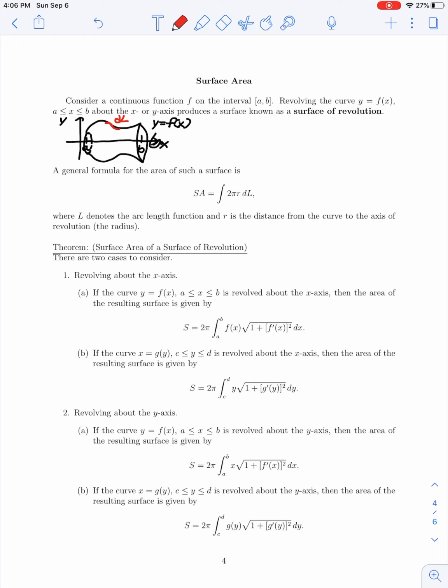And if I were to take that segment and revolve about the x-axis, I get a little strip, a cylindrical strip, which is wrapping around the outside of my surface.